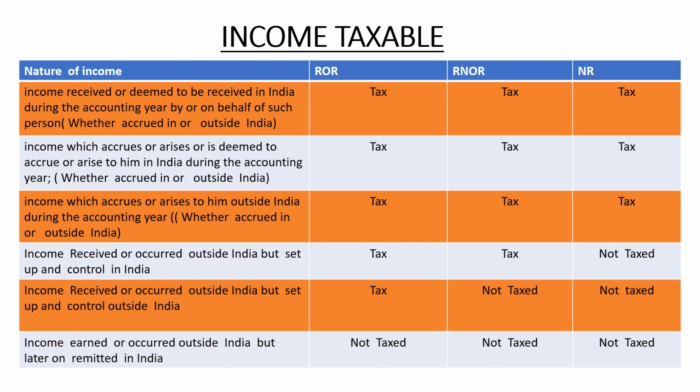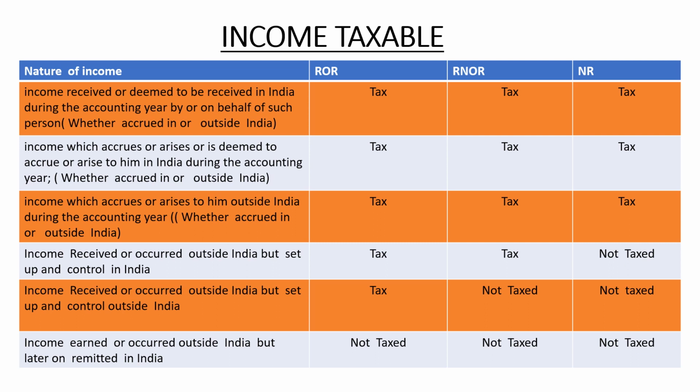First, in the first category, income received or deemed to be received in India during the accounting year or on behalf of such persons, whether accrued in India or outside India, it doesn't matter. It means if a person receives income in India or deemed to be income in India, if he is in the ROR category, he will pay the tax.